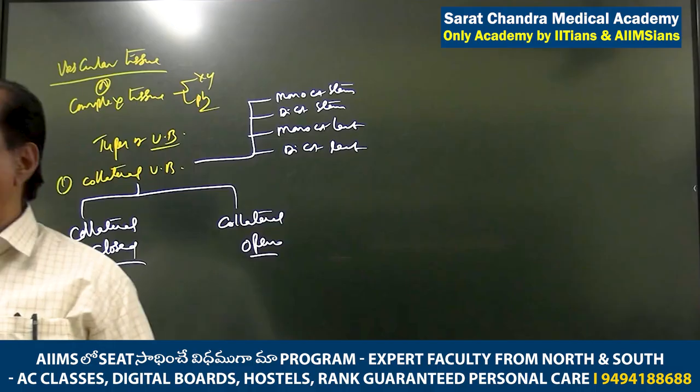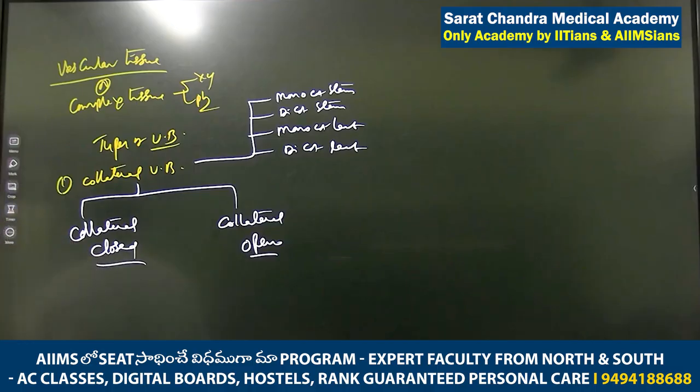Except roots, the stem and leaf show collateral vascular bundles. Except root, dicot stem, monocot stem, dicot leaf and monocot leaf show collateral vascular bundles.